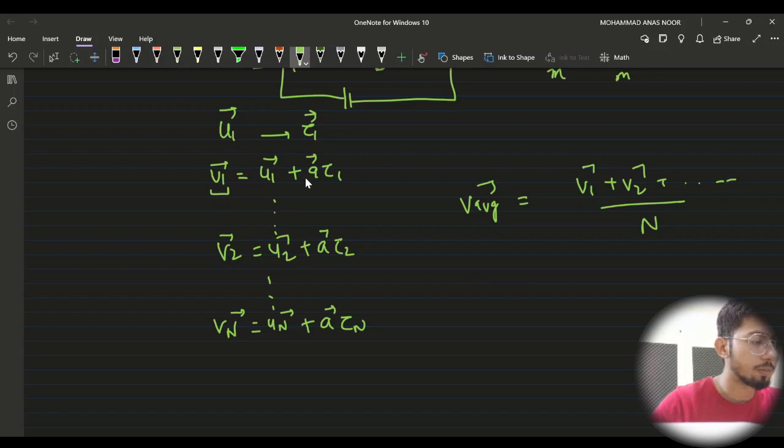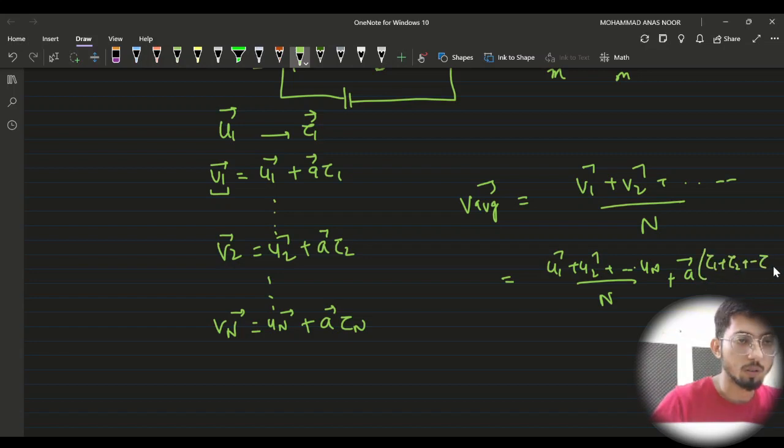That would be u1 plus a tau 1 plus u2 plus a tau 2 up to un plus a tau n, divided by n. So you can see that you would get u1 plus u2 up to un divided by n, plus a taken out common, and then tau 1 plus tau 2 up to tau n divided by n, because this n is distributed and then you separated the two numerators.